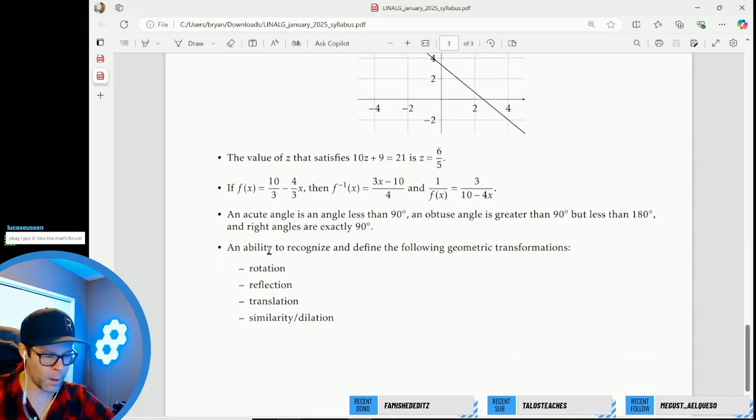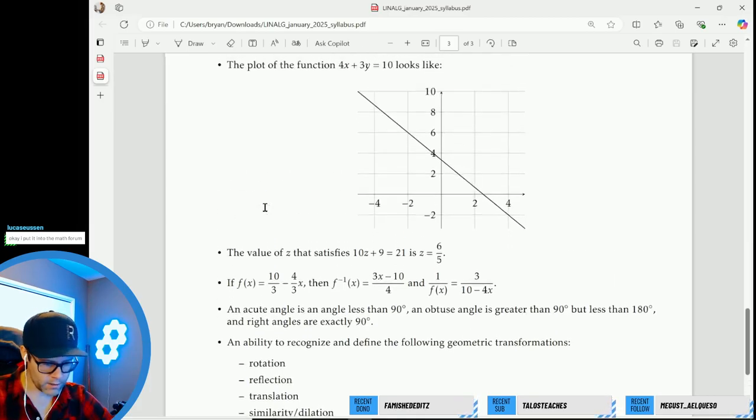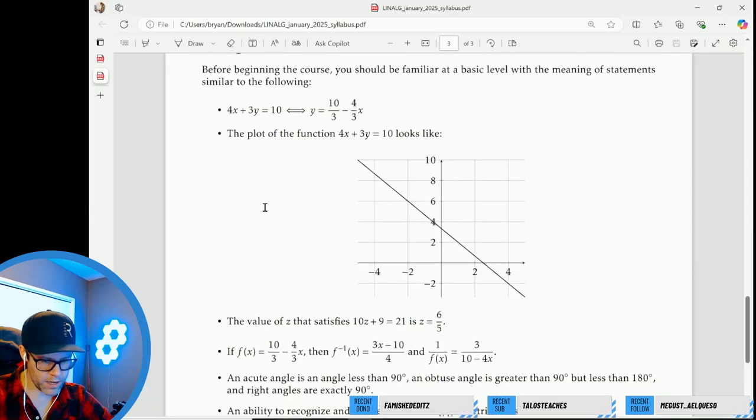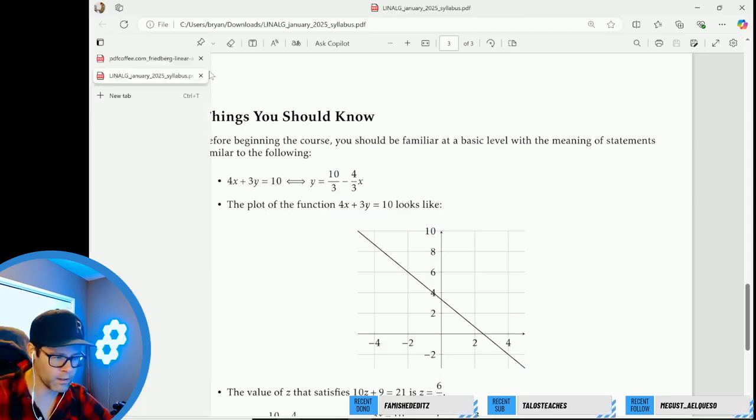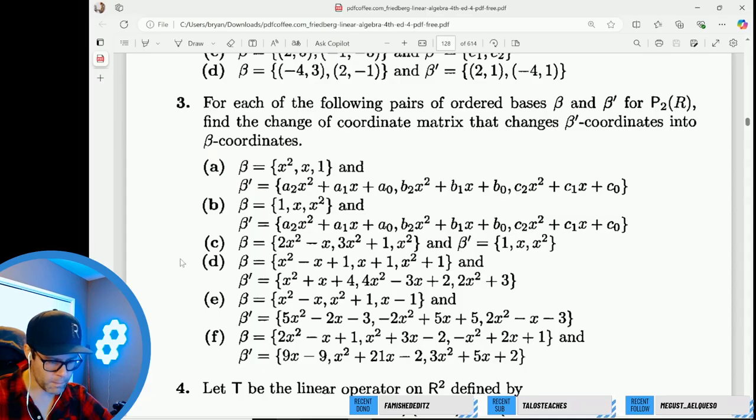So he wants to make sure that you understand a little bit about your angles and a little bit about how rotations, reflections, and things like that work. So that's really it. So, I mean, the foundation, it's a pretty bare foundation. We don't need a lot to be able to really access and start exploring linear transformations.